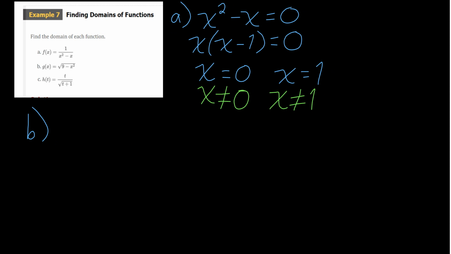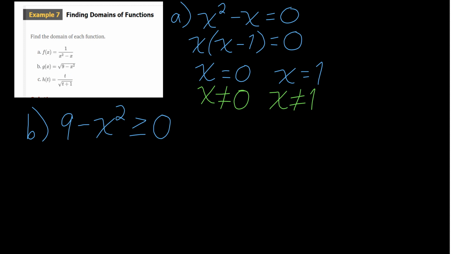Okay, so when I'm looking at this, 9 minus x squared, I have to recall that the number inside my radical cannot be a negative number. It can be 0, and it can be any number greater than 0. So I'm going to take this 9 minus x squared and set it greater than or equal to 0.